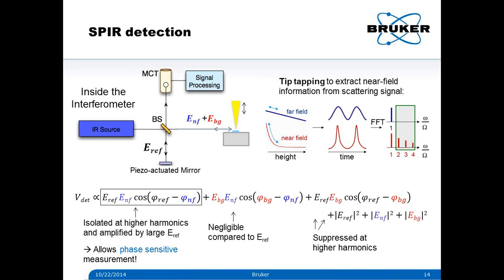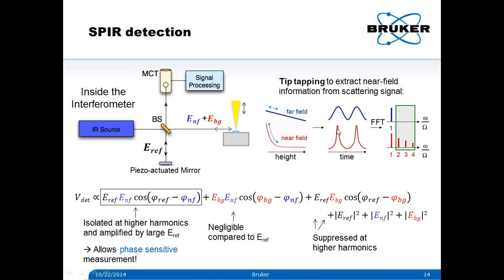Now, if you look at the scattering from the near field, then you would see that if you go close to the sample, so at small heights, then you have a large near field contribution. But if you go far away, then the near field contribution drops. And this means it's a highly nonlinear signal compared to the far field signal.